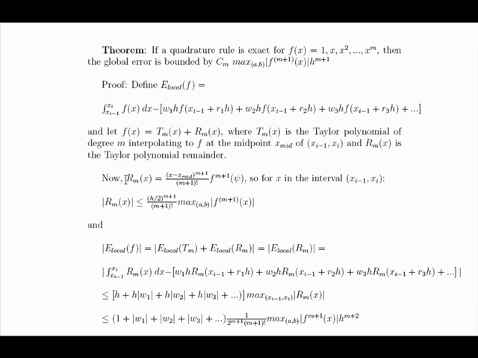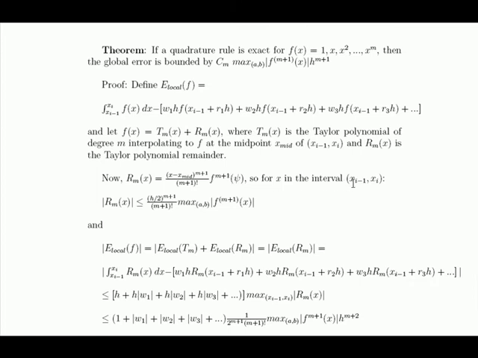Well, remember that the remainder term for a Taylor polynomial is (x minus x mid) to the m plus 1 power, since x mid is the point of interpolation, over m plus 1 factorial, times the m plus first derivative of f at some point between x and x mid.